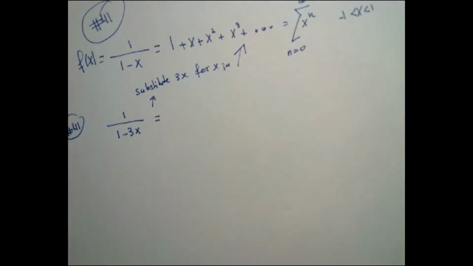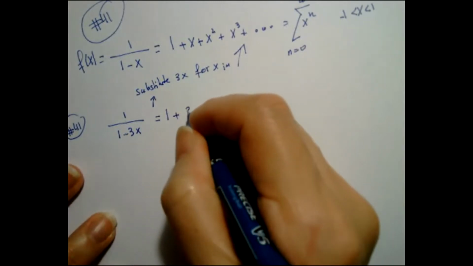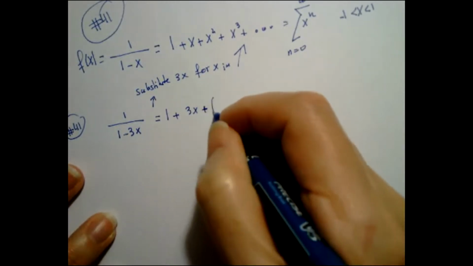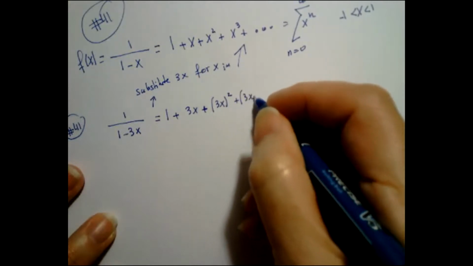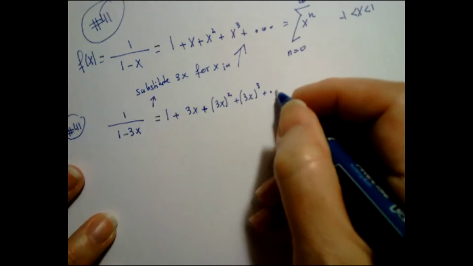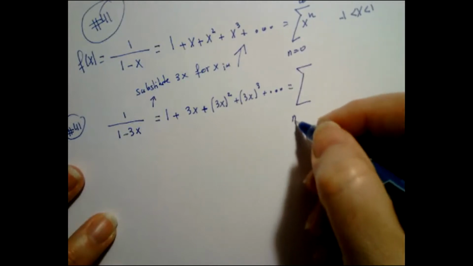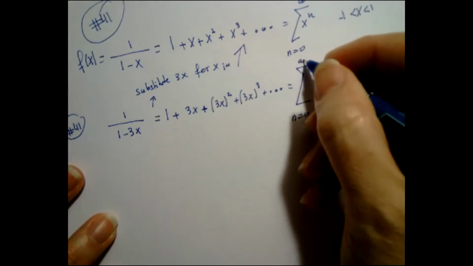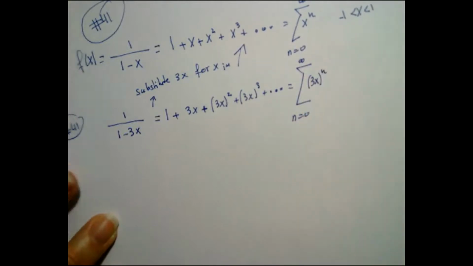This will give me 1 plus 3x plus the quantity 3x squared plus the quantity 3x to the power 3 plus etc. So in sigma notation, that would be sigma n equals 0 to infinity. Instead of x, I'm going to put 3x to the power n.